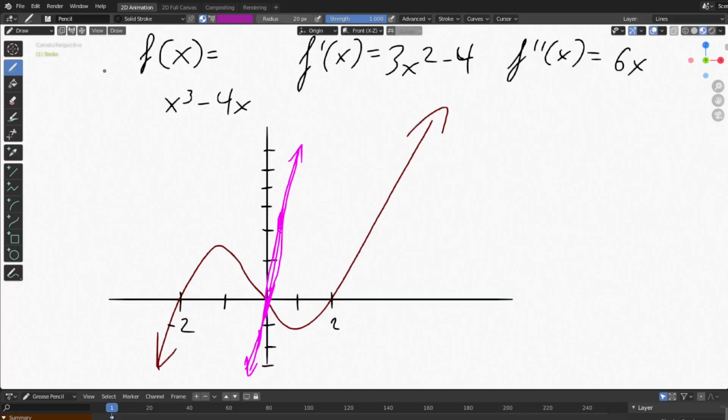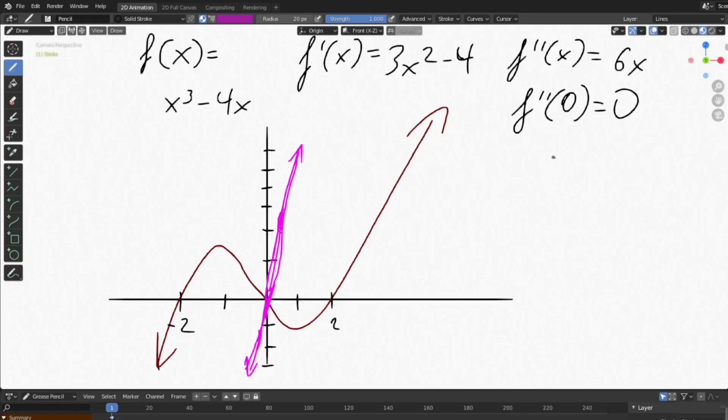Sometimes you'll have cases where it will be there, but it won't do much. It'll stay concave down. Here we know that f double prime equals 0 when x equals 0, so f double prime of 0 equals 0.